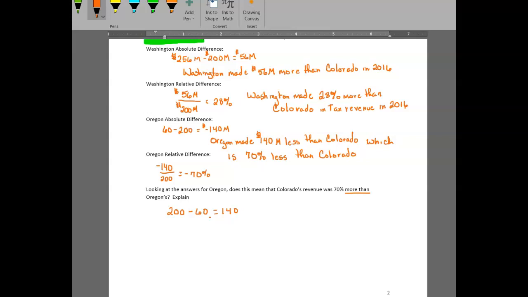But now this value, the 200, is the compare, where the 60 is the standard.